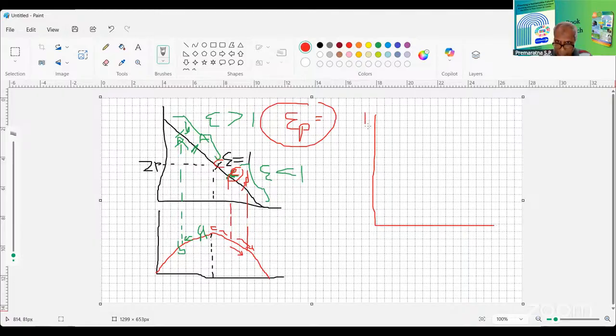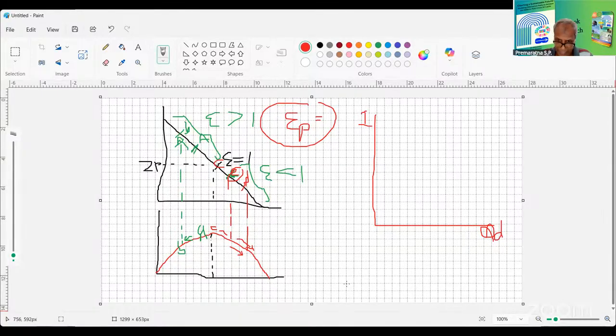Taking income on this side and quantity on this side, that curve is what we call the Engel curve. Engel was a Russian economist in those days.